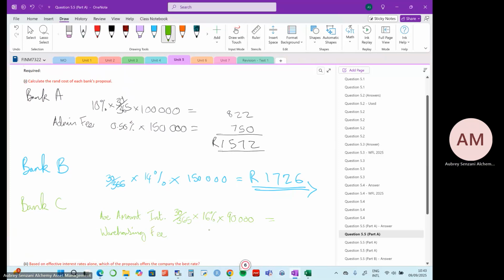And that warehousing fee, what is it being applied to? As well as a warehousing fee on the average amount borrowed. Okay. So 0.75%.